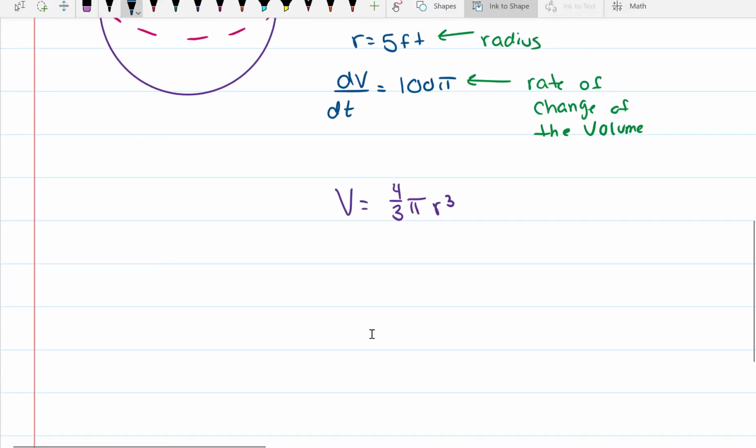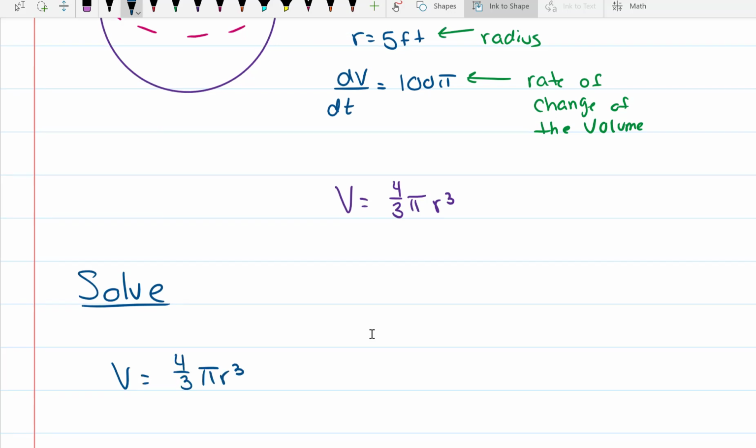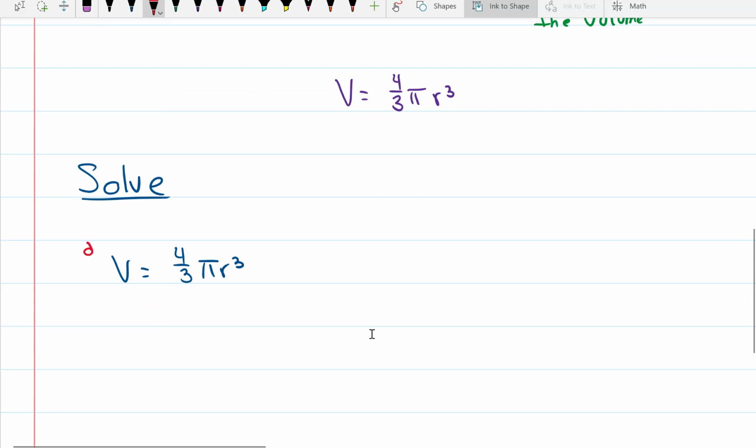Okay? Let's see how far we got. So this is the solving portion. So we have that v is equal to 4/3 pi r cubed. So we want to take the derivative of both sides with respect to t.